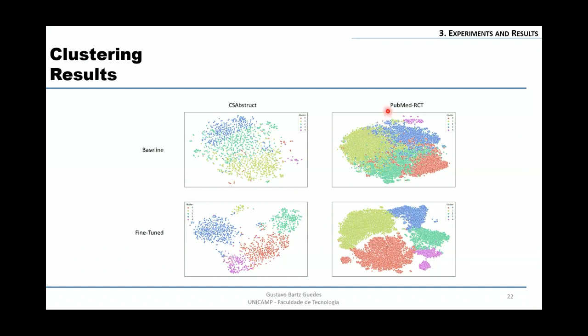In PubMed, we see this very clearly. We have these red dots, which are inside this other cluster. So we see a very good separation once we use the fine-tuned models.